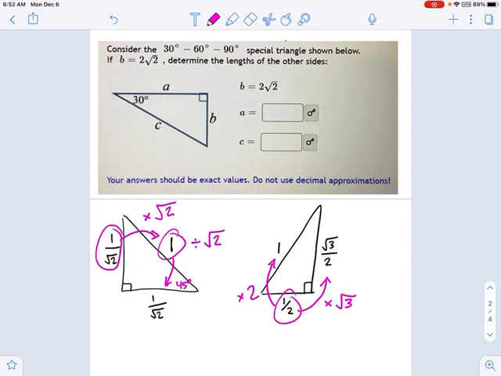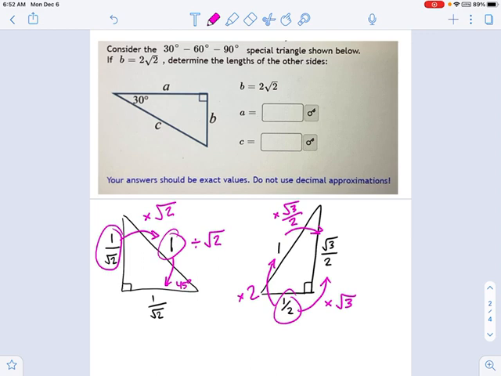And if you're going from the hypotenuse backwards, we have to do a little division there, or you can think about it as multiplication by a fraction. If you're going from the hypotenuse to the long leg, that would be times square root of 3 over 2, okay? And I'm not going to draw all the arrows here, but you get the idea.